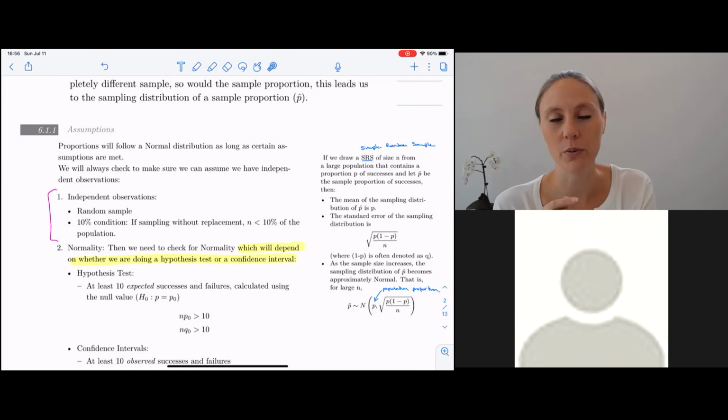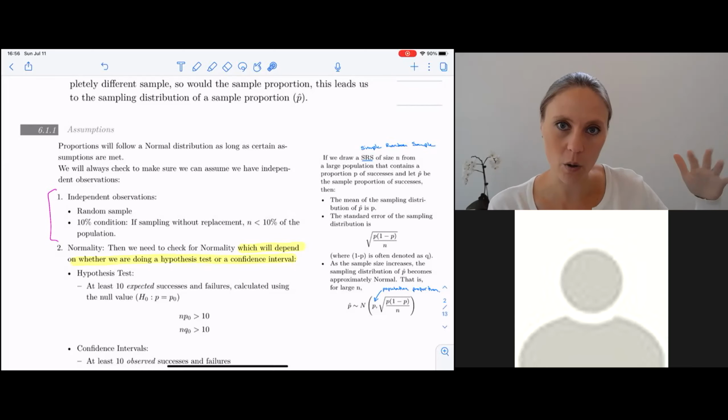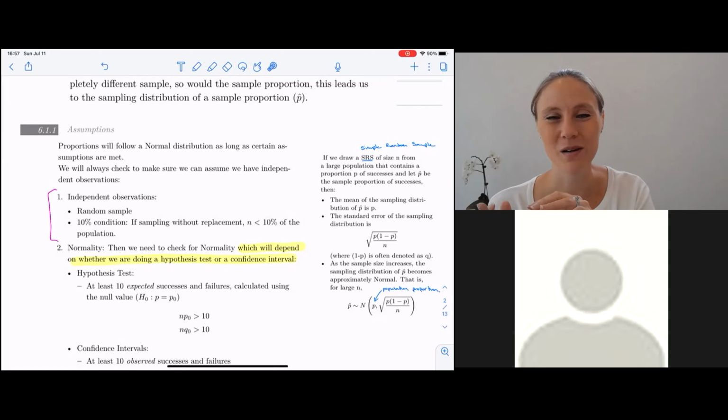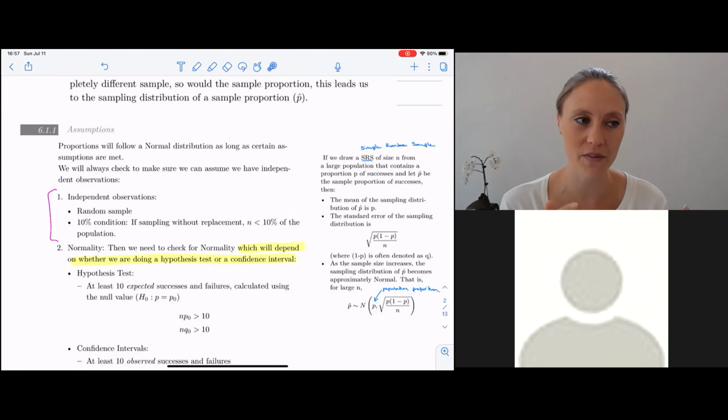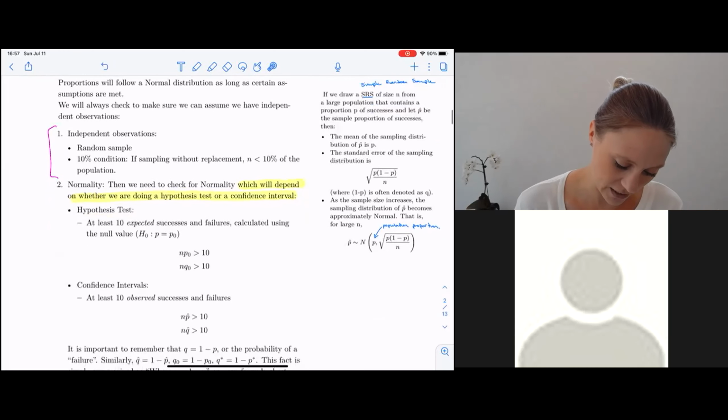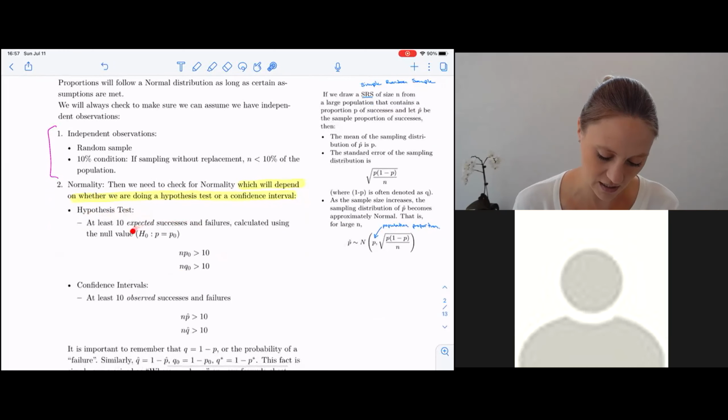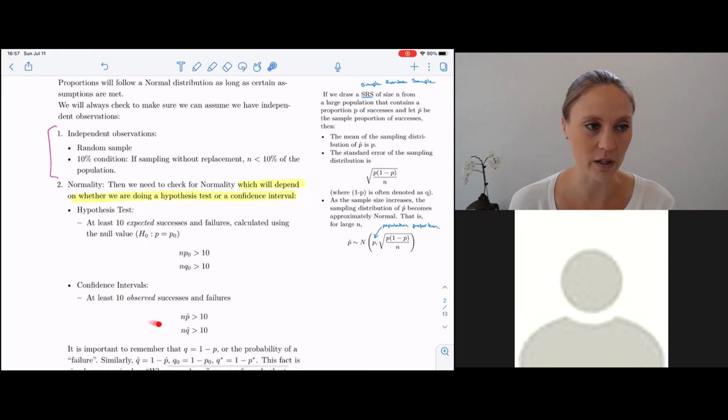Because if you're doing both, you may as well just check all the assumptions right away and get them over with, so to speak. And you don't want to check more assumptions than you have to, right? So if you find that you're only doing a hypothesis test, then you only need to check the hypothesis testing conditions. And if you're only doing a confidence interval, then you only need to check the confidence interval conditions.